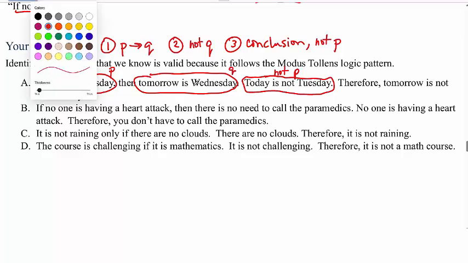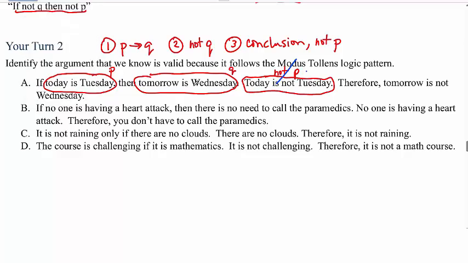Now I can stop right there. It doesn't even matter what the conclusion is because I was looking for the second statement to be not Q. So that doesn't fit. Let me jot that down in the notes below.